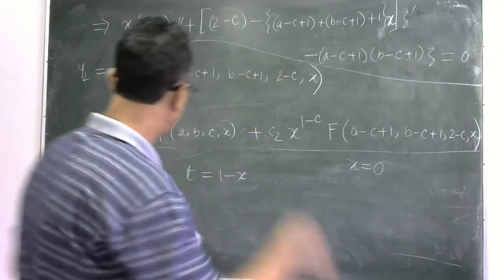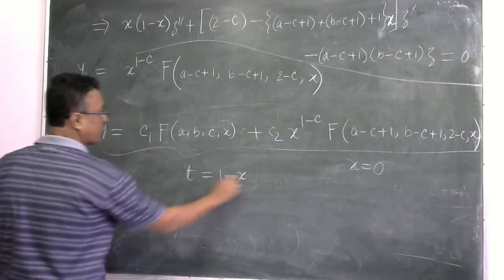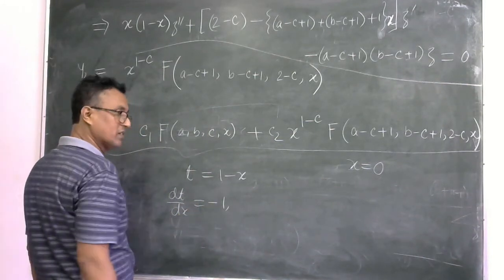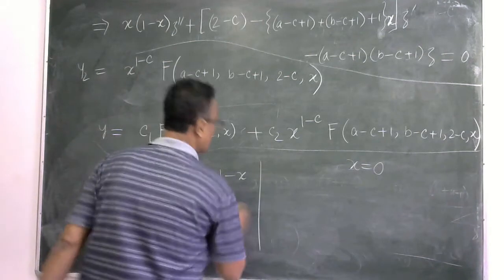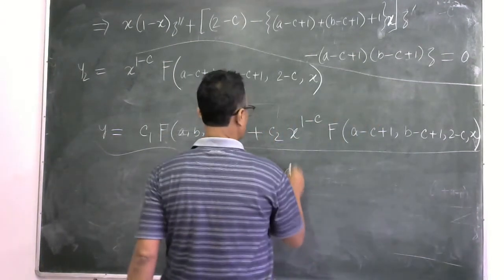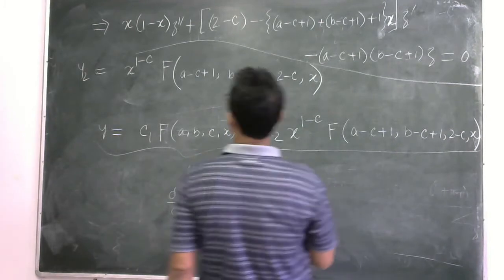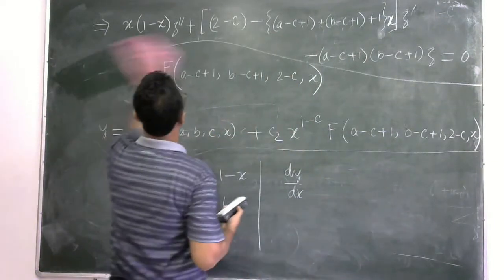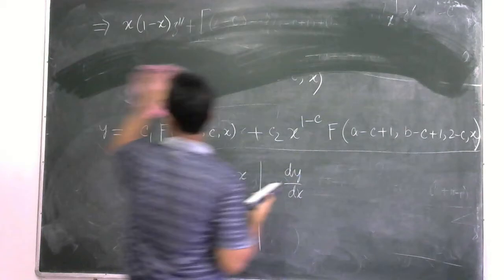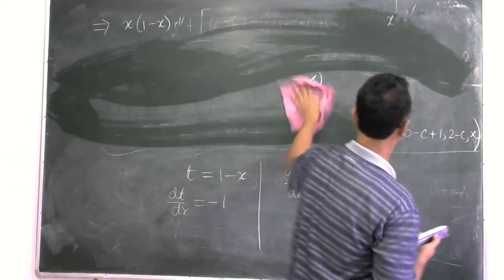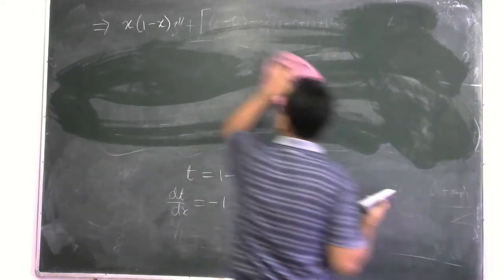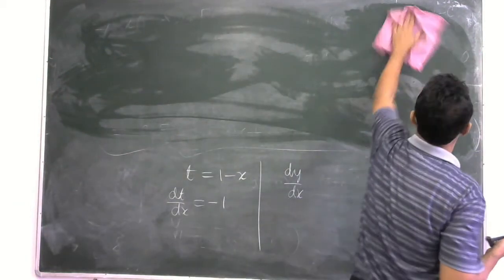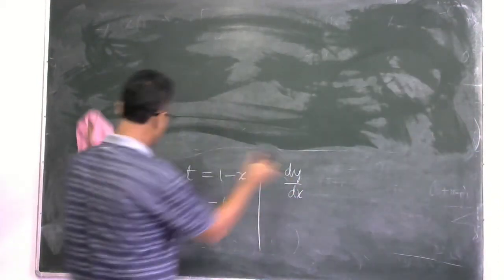Yes. So now let us see what happens. If this is so, then dt/dx is equal to minus 1. So now what is going to happen to dy/dx? I think you will appreciate Gauss's hypergeometric series only through this.